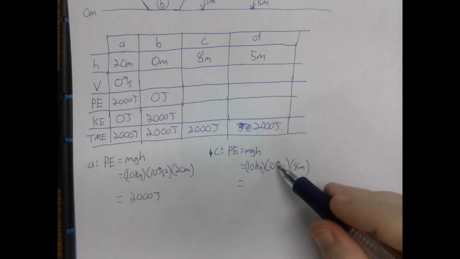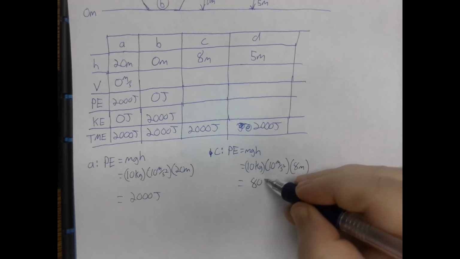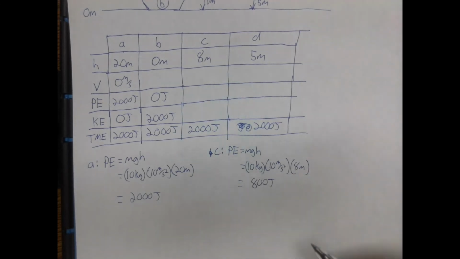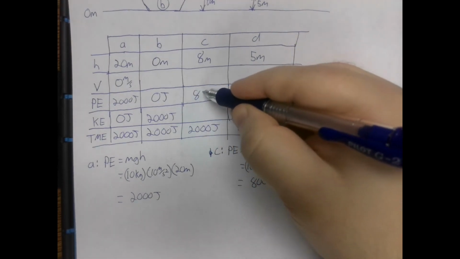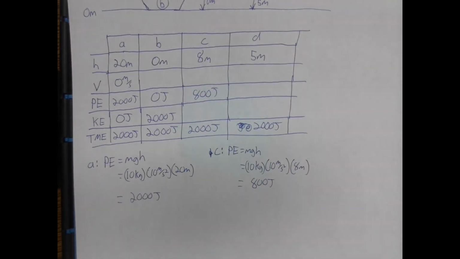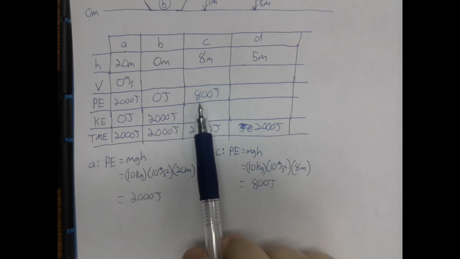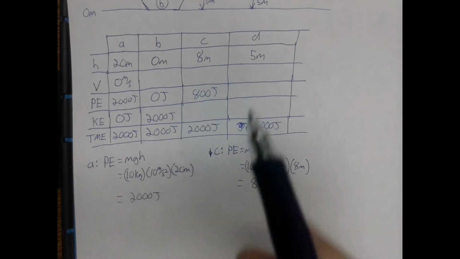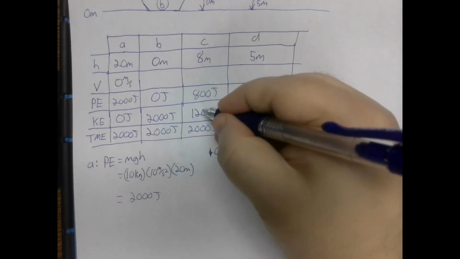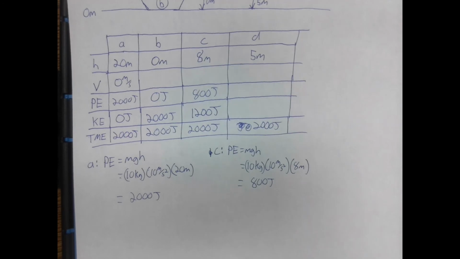So that would be 100 times 8, which is 800 joules. Let's fill that in the table: 800 joules. If total is 2,000 and potential is 800, then kinetic energy must be 1,200.